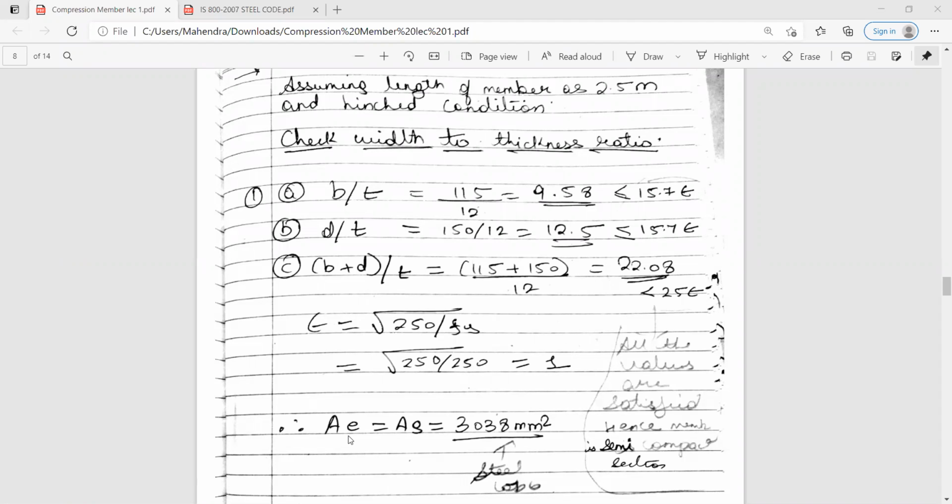Your ISA, Indian Standard Angle, is 150 by 115 by 12, so you have to take the value of Ag from the steel table. From the steel table, the gross area for ISA 150 by 115 by 12 is 3038 mm square. So whenever the section is semi-compact, gross area equals the effective area. So the effective area here will be 3038 mm square.